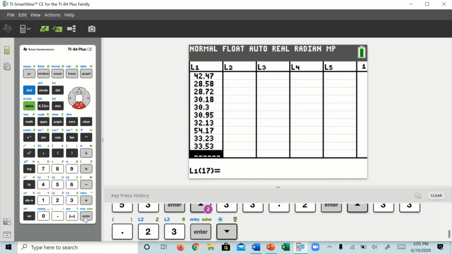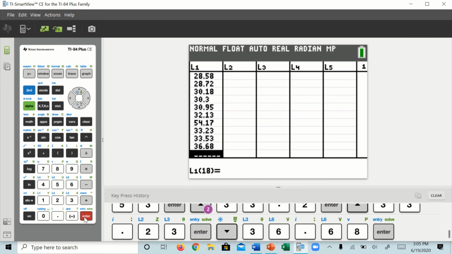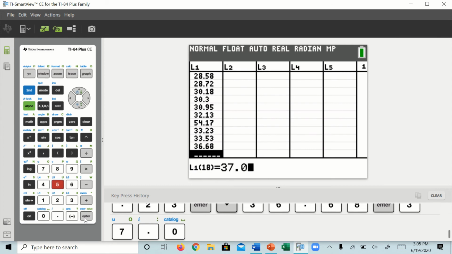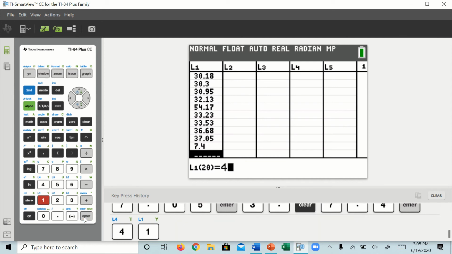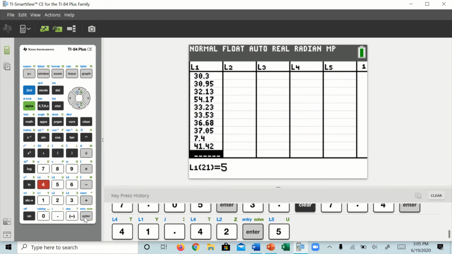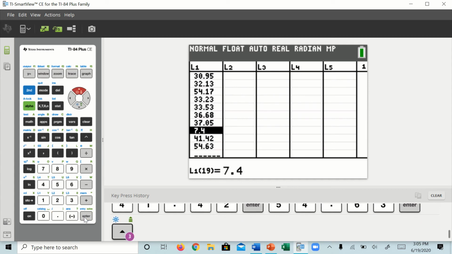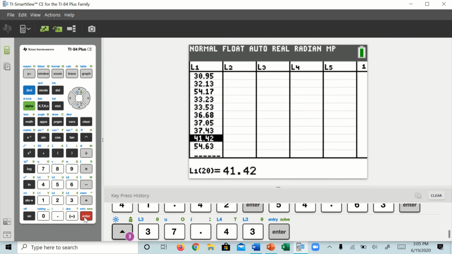There we go. All right, and after you're done, it might be a good thing just to go through and make sure that you typed in all your numbers correctly.